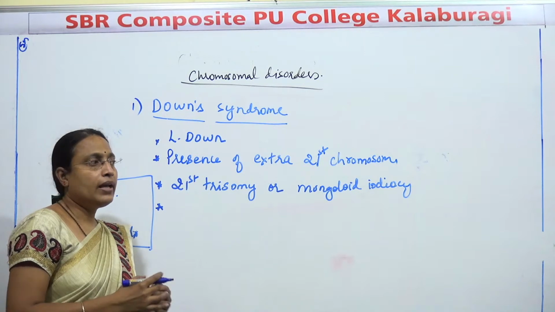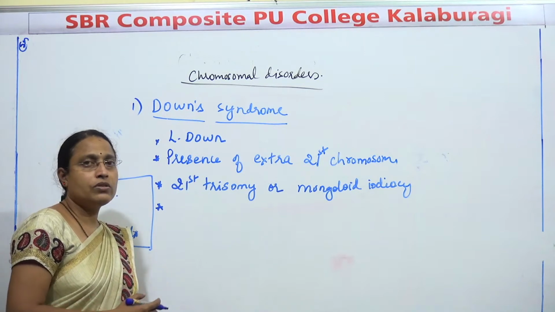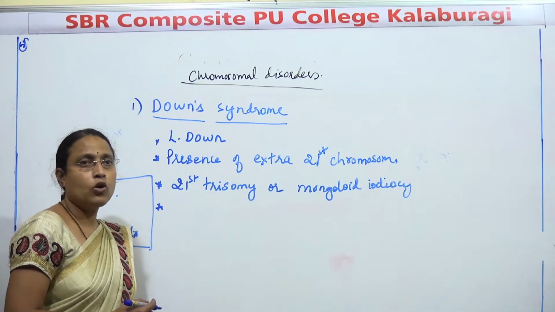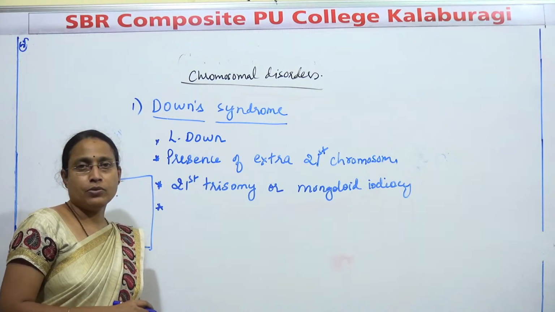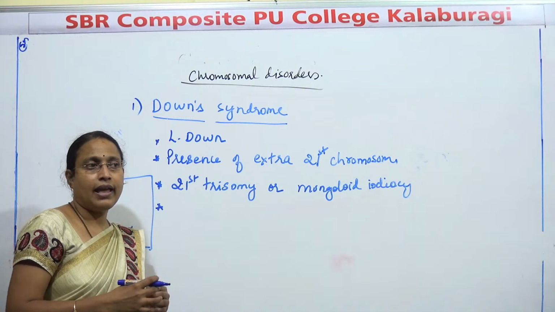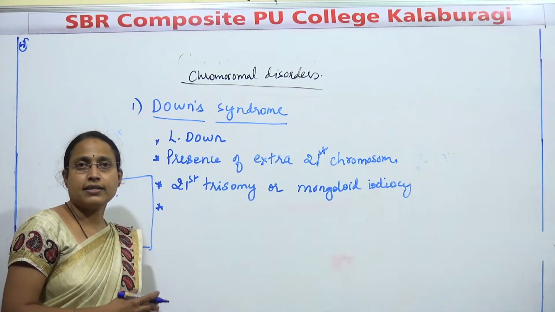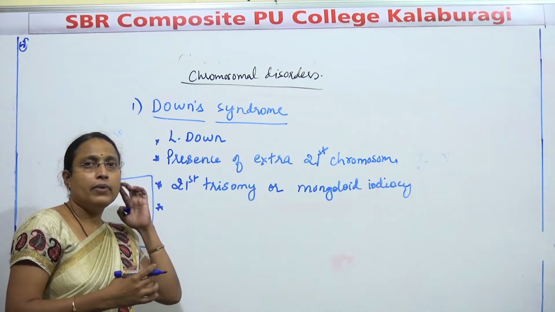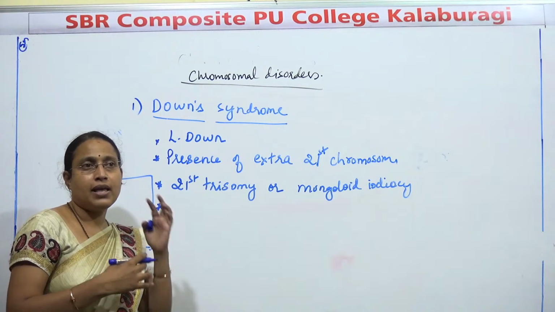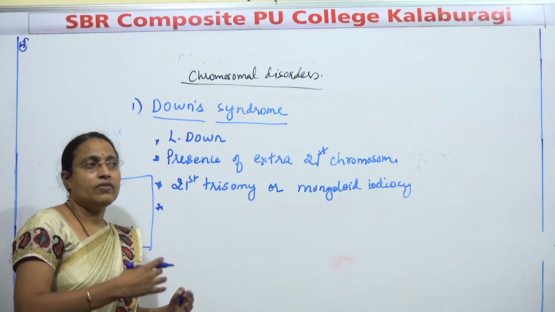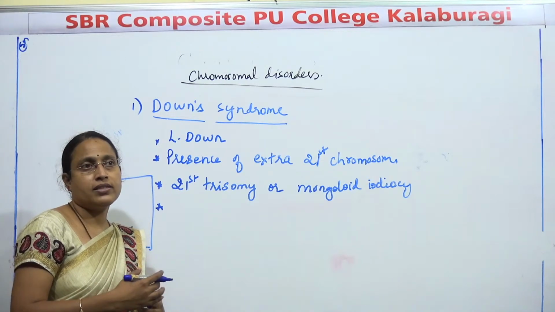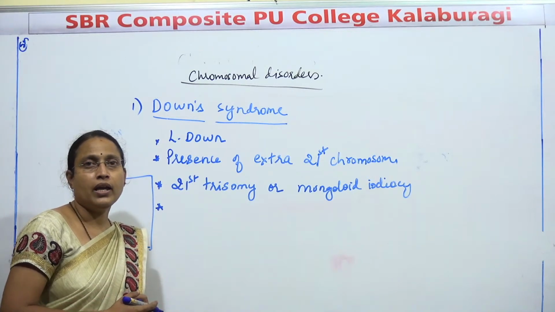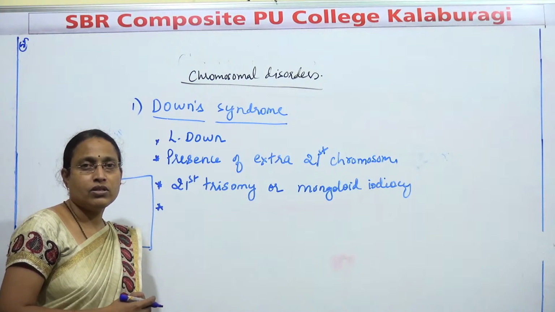Now, how do these Down syndrome children become common? If the children are born from an aged mother, the egg quality would not be good. As a result, the ovum is defective along with the age. So, if the age of the mother is too high, then her ovum will be defective. As a result, the children born will have Down syndrome.